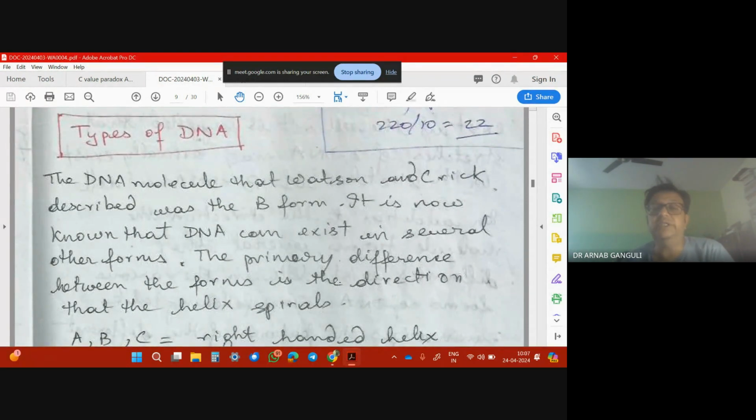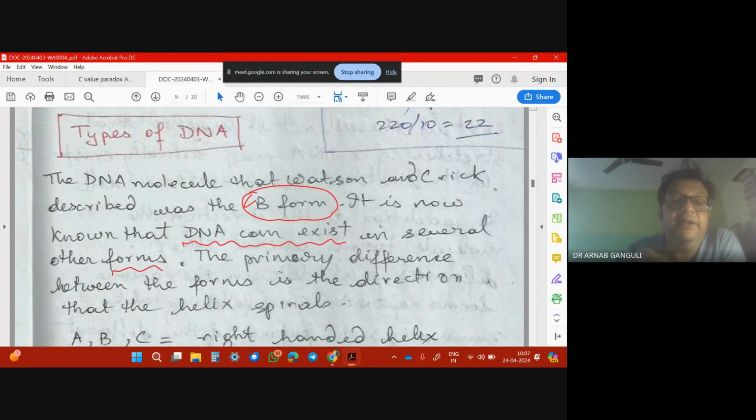We know that as per the Watson and Crick model, the DNA which was described was the B form. So now it is known that DNA can exist in several other forms.